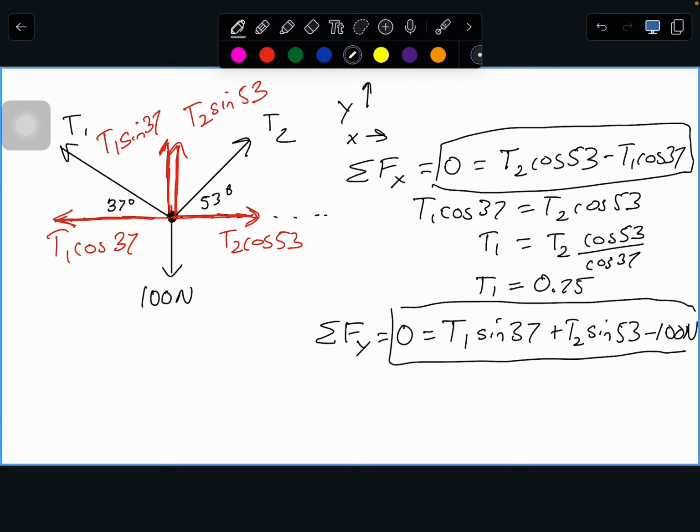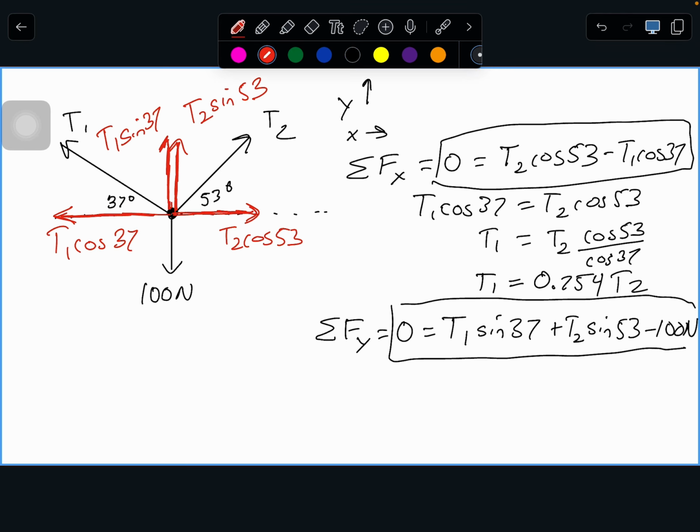I want to get some bigger digits on that. The book keeps a tenth on it, so that's 53 cosine divided by 37 cosine. We'll call it 0.754 T2. All right, so there's an equation. I should kind of outline it in red. So 7, 5, 4. Boom. It's in red right there. T1. That's like our equation 1, and we can shove it into this thing.